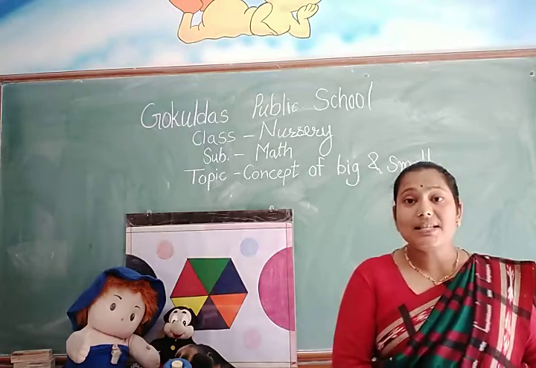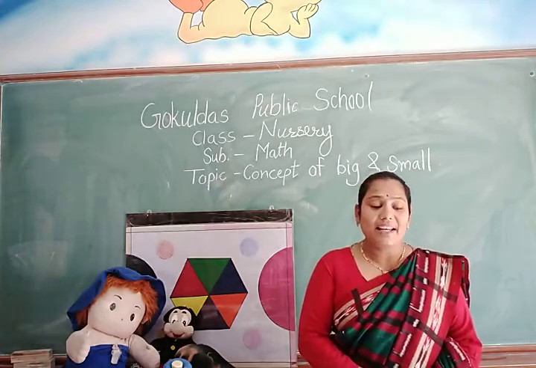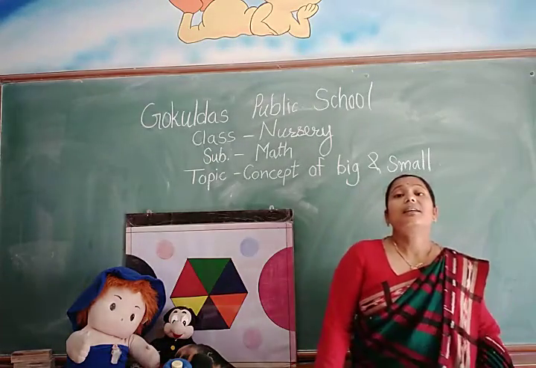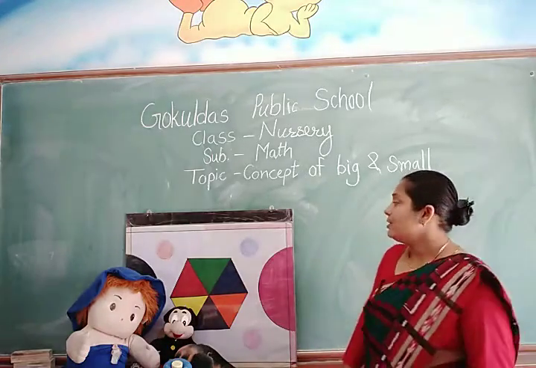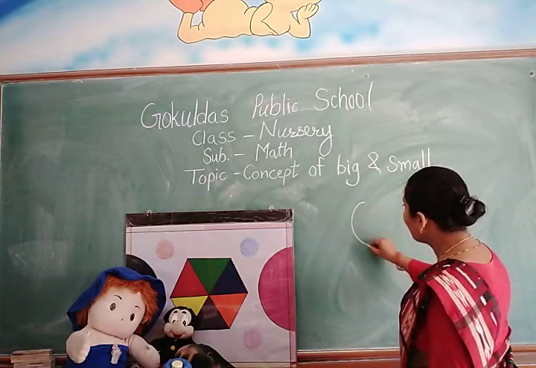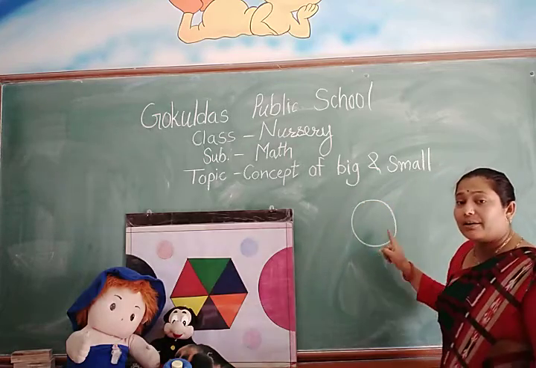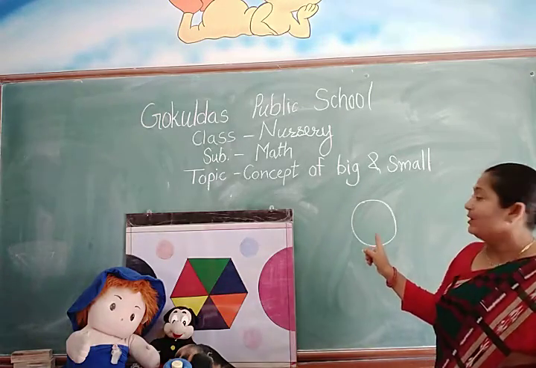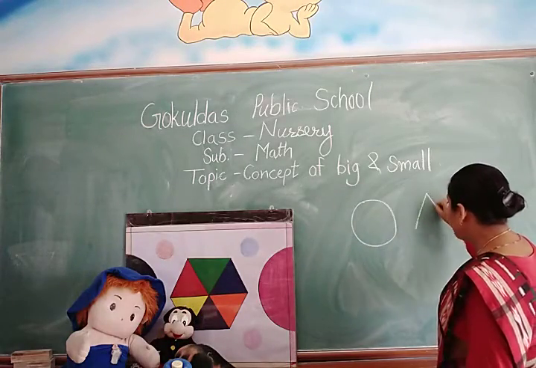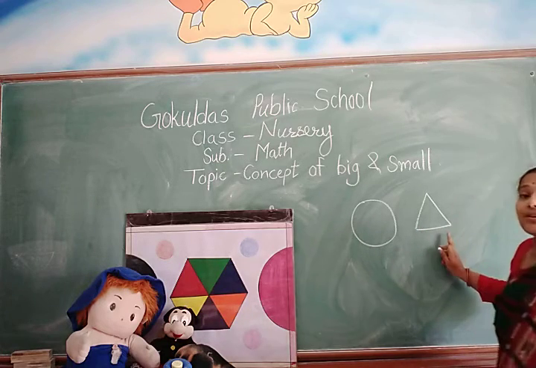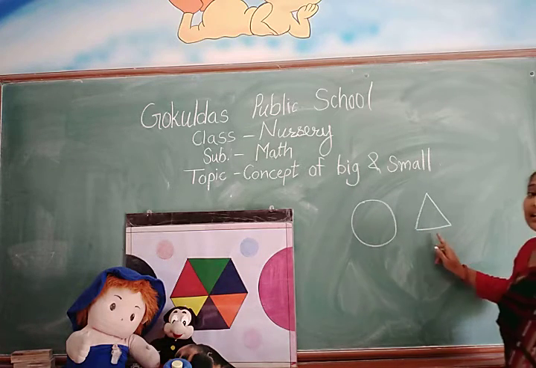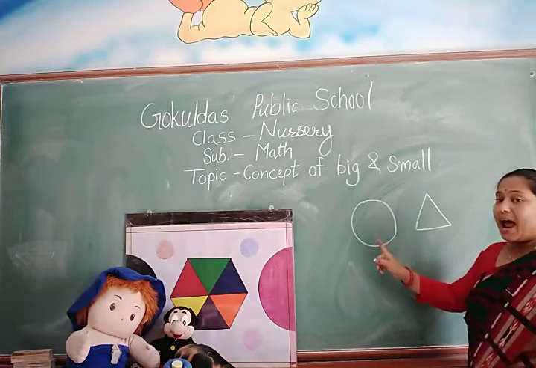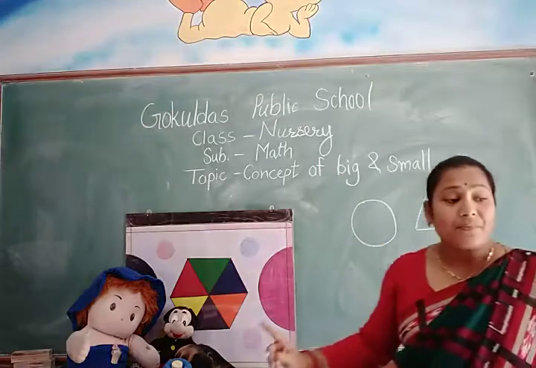The first shape is circle, very good. And another shape is triangle, very good. Now see here, this is a circle and triangle. Circle, very good. And our next shape is triangle. Yes, this is a triangle shape and circle shape.